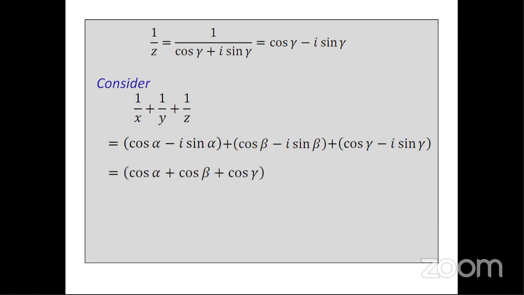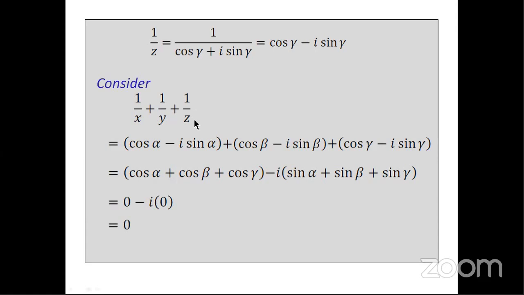Then you will have (cos alpha plus cos beta plus cos gamma) minus i into (sin alpha plus sin beta plus sin gamma). Clearly the values of these two brackets are given as 0. So just substitute 0 minus i into 0, which is nothing but 0. So 1 by x plus 1 by y plus 1 by z is 0.